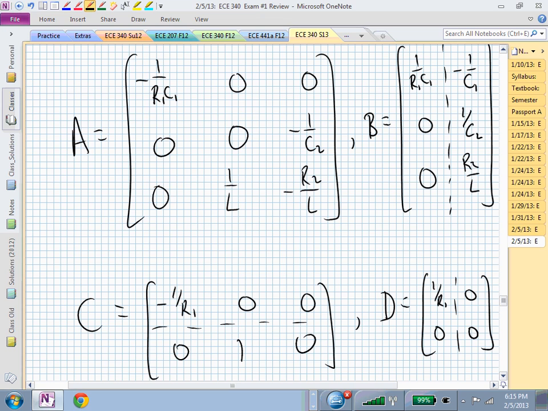And those are now my matrices for the A, B, C, and D. If I didn't make any mistakes.